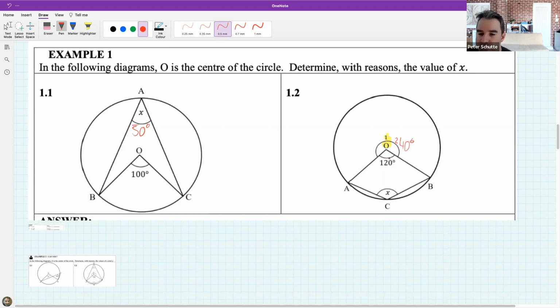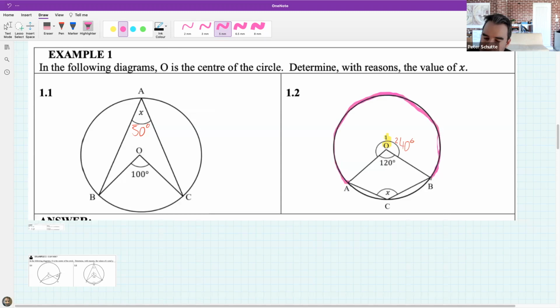Okay, now here's the tricky bit. How do I connect? What do I connect to X? Which angle is in relationship here? Oh, I lost you there, Faith. So what I was thinking is instead of focusing on AB, I'm going to focus on this long arc here.